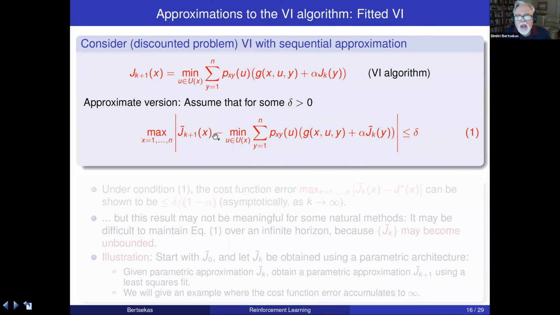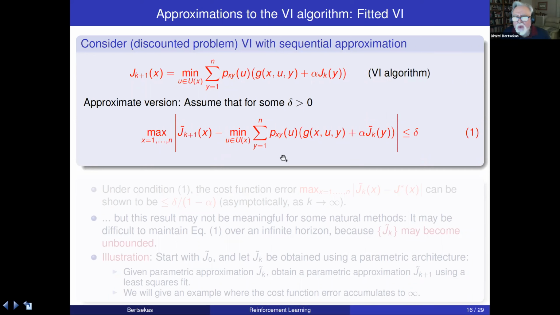So this minimization is exact within some delta, and delta is the maximum tolerance over all states. And then we go to J2, again making an approximation error of delta, and go forward. This is exactly the same kind of algorithm that we discussed with neural network approximations encoding these J tildes.